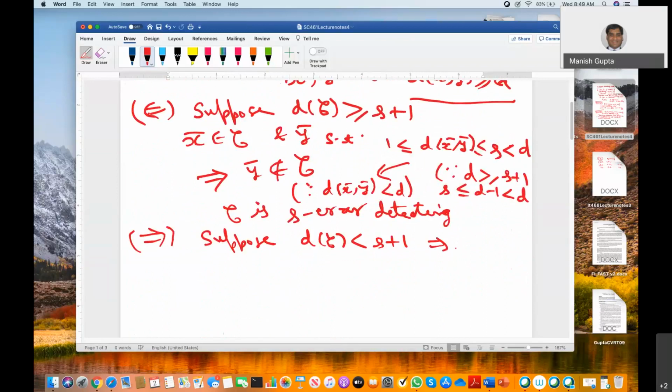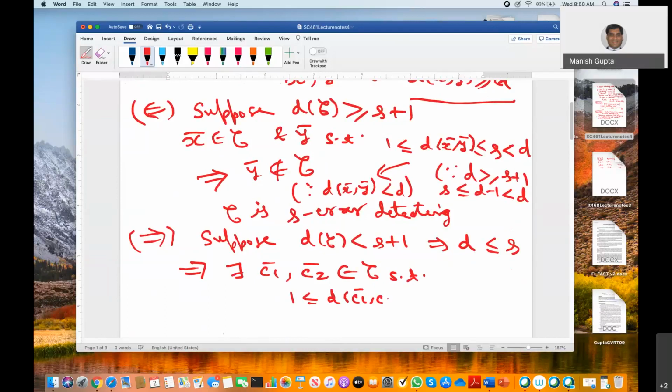This implies that the minimum distance will be less than or equal to S. Now this implies that there exist two code words c1 and c2 in C such that the distance between c1 and c2 is d of C, which is less than or equal to S.